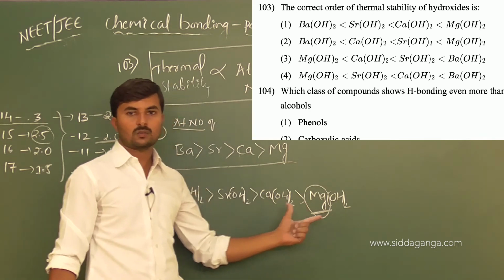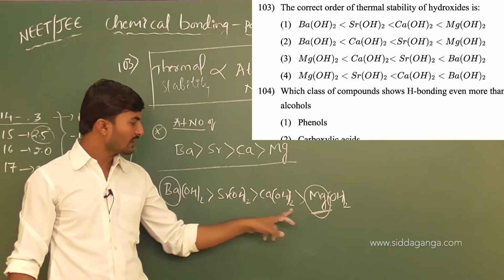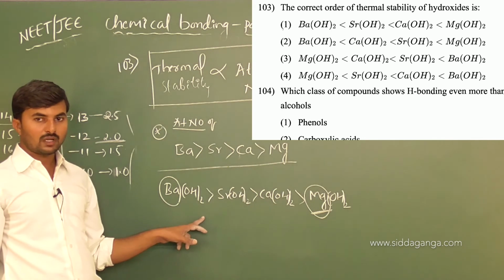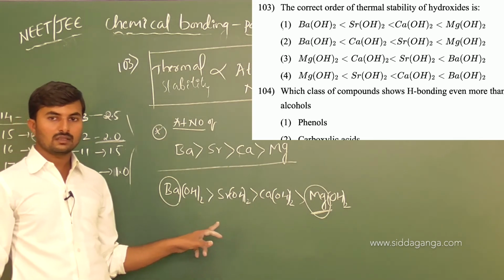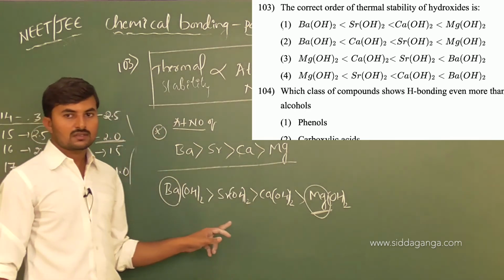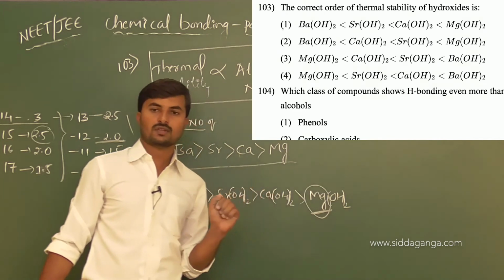Which is the correct option here? Magnesium hydroxide less than calcium hydroxide, less than strontium hydroxide, less than barium hydroxide. That means option 3 is the correct match: Mg(OH)2, calcium hydroxide, strontium hydroxide, followed by barium hydroxide.